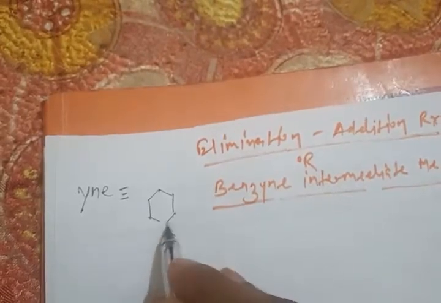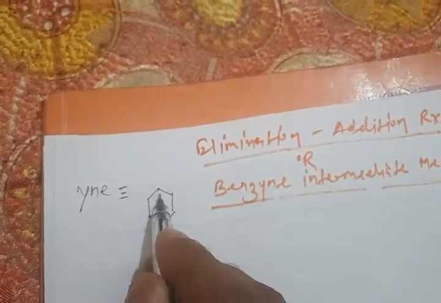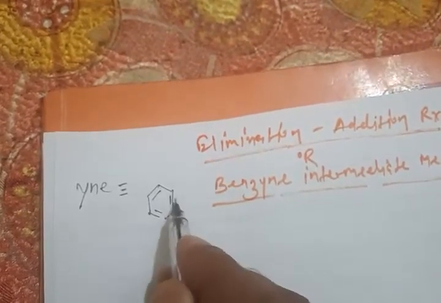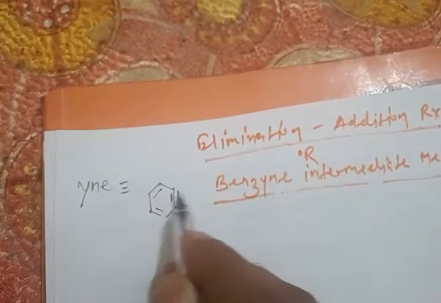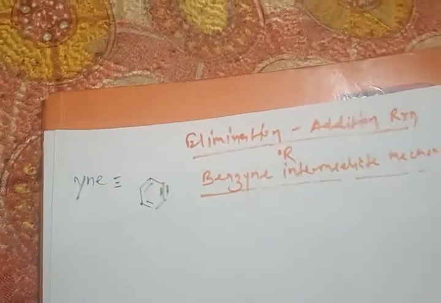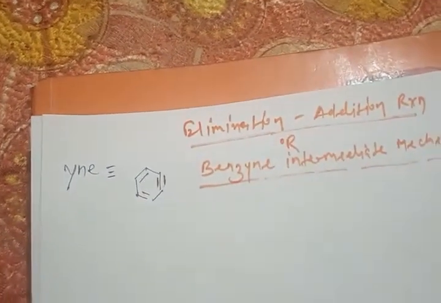This is a regular structure of benzene, and if any of the pi electron has contained another pi, so this is the benzyne. Okay, triple bond. So let's talk about the mechanism here.